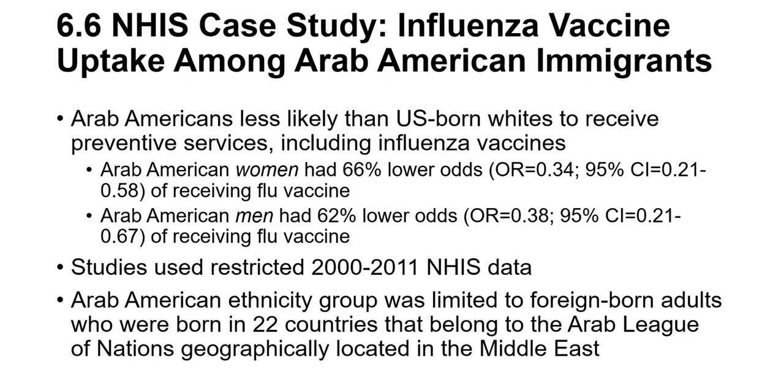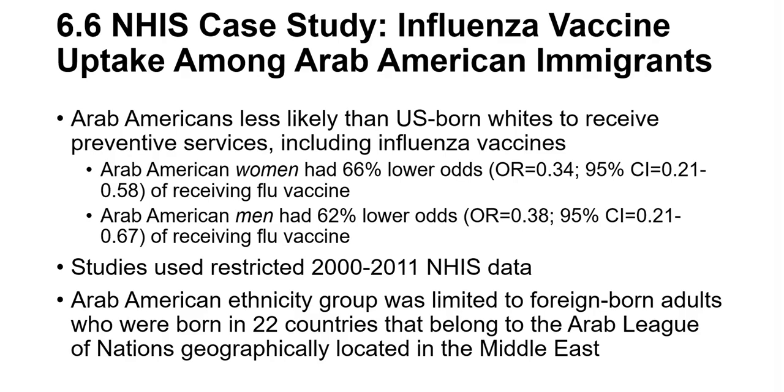My colleagues and I have done some previous studies and found that Arab American women have 60% lower odds of receiving flu vaccines, and Arab American men have 62% lower odds of receiving flu vaccines compared to U.S.-born non-Hispanic whites. Arab Americans are considered non-Hispanic whites by the U.S. government, so they do not have their own racial and ethnic category.